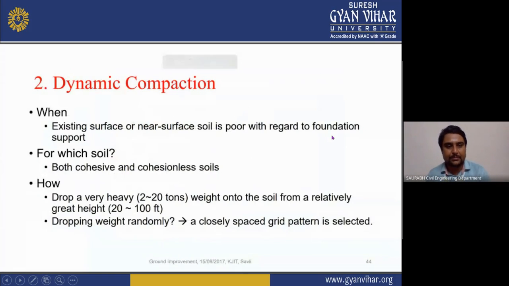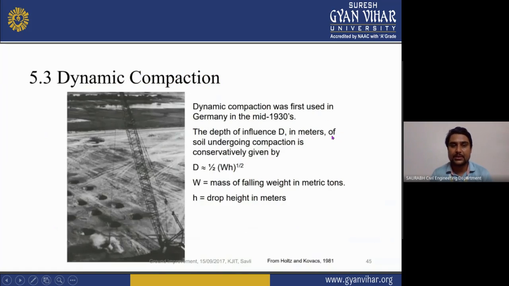Here is dynamic compaction. When the existing surface or near surface soil is poor with regard to foundation, then we have to do dynamic compaction, for both cohesive and cohesionless soil. As you can see here, this is the image of dynamic compaction.